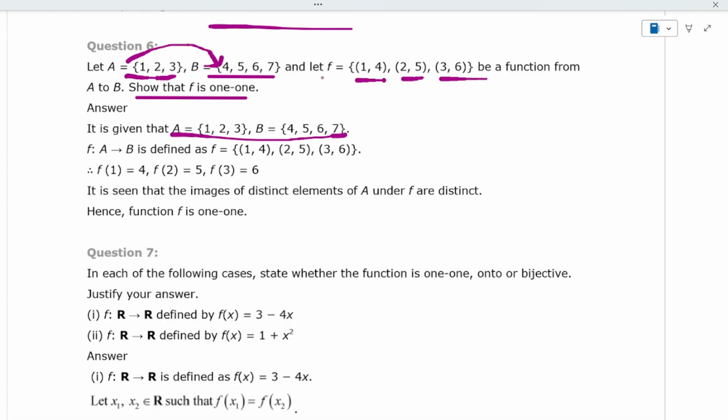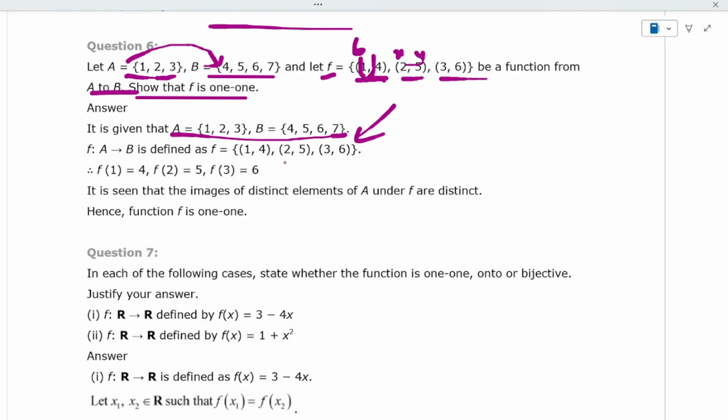See, the function is f, they have named, right? F, and they have mentioned from A to B, defined as the function they have given. Write this down here. F of 1 is equal to 4, the value they have given. This is the value of x, this is the value of y.